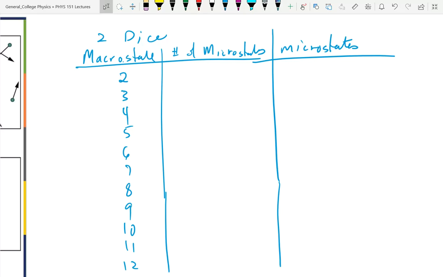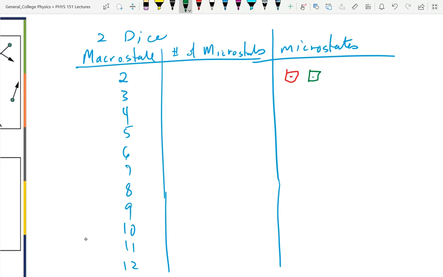Okay, so now we have the number of microstates, and then over here I have the microstates where I'm actually going to write them out. So we're starting by saying we have 2 dice. We roll, and each die can have a number between 1 and 6. So to get 2, the first die will be red, and the second die will be green, and they both have to be 1.